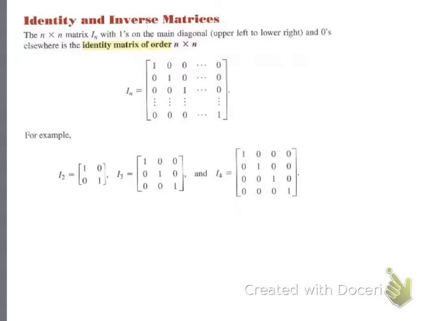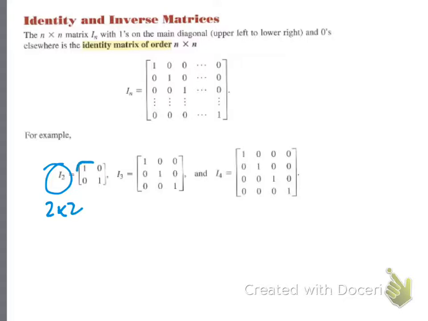Identity and inverse. Okay, identity is basically 1. So like in a normal number, you'd have a 1. But for an identity matrix, it's going to be a square matrix. So here, this I stands for identity, okay? And this is a 2 by 2 matrix.